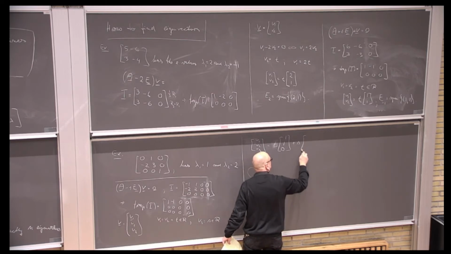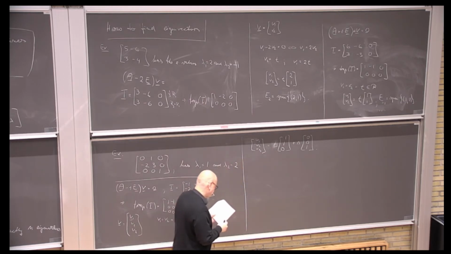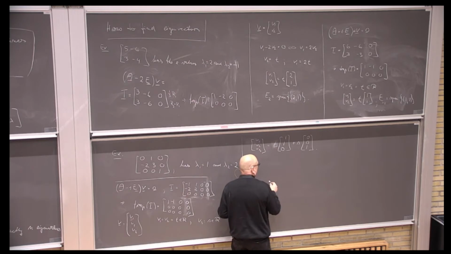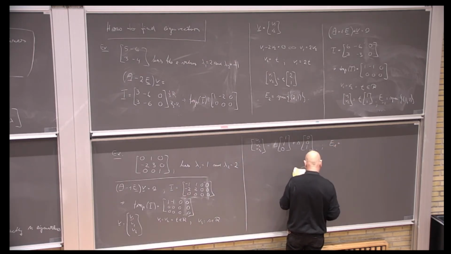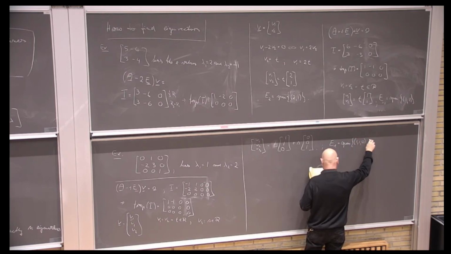And then for S, you put V3 equal to S, and then a 0 here. So I get that E1 is equal to the span of these two vectors.